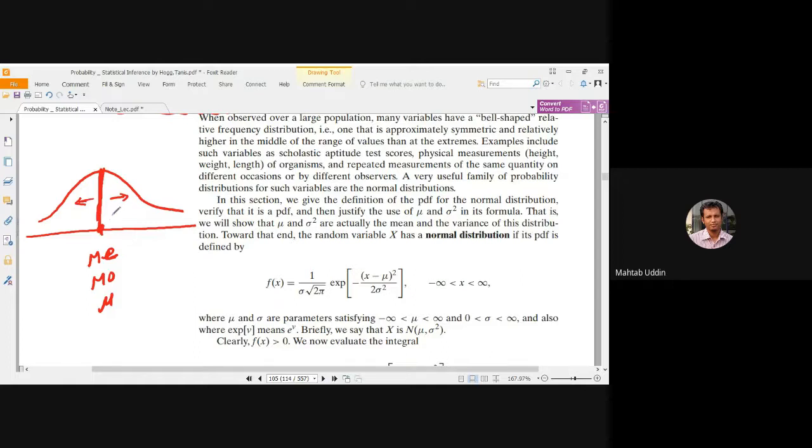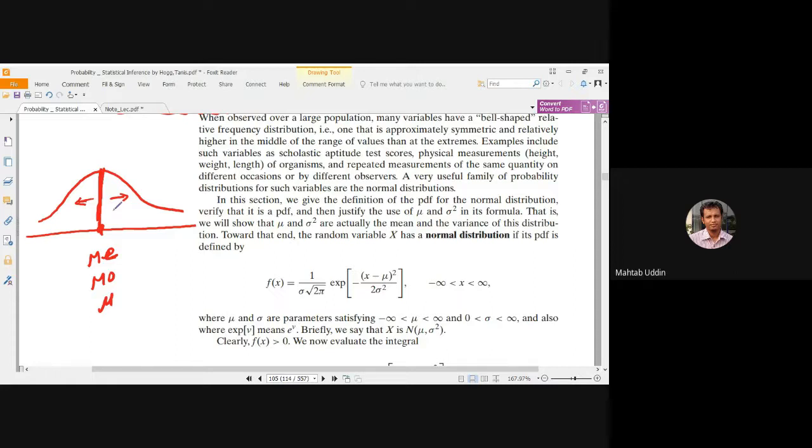Like if you consider university results, most of the students should have the result. Like if you consider our students have their certificate if they got CGPA 2 at least and at most 4. So most of the students should be at the middle, 3. Most of the students should have their CGPA as 3.